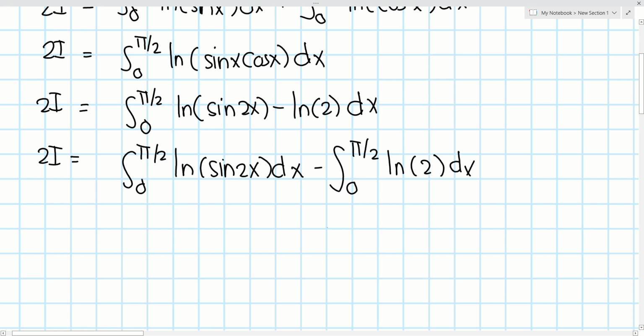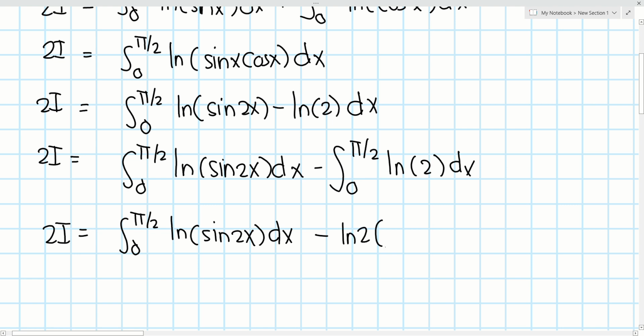Now this one we can evaluate. So 2I is equal to the integral from 0 to pi over 2 of ln of sine 2x dx, minus ln of 2 times pi over 2. Let's evaluate this one.